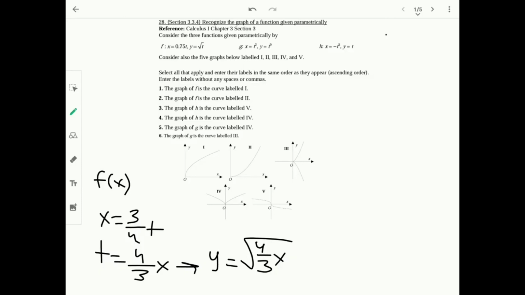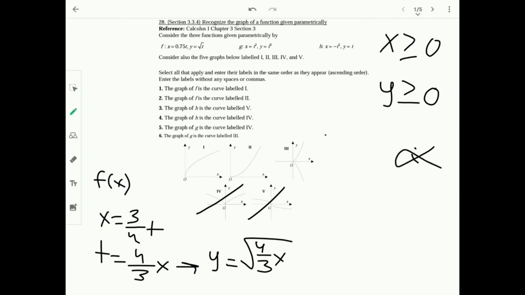They have a limitation. x has to be greater than or equal to 0. From this information, we can immediately rule out this and this, because these are two graphs where x is negative. Now if we see the answer, y also has to be greater than or equal to 0. We can't have a negative answer. We're not dealing with imaginary numbers here, no. So this is also immediately removed.